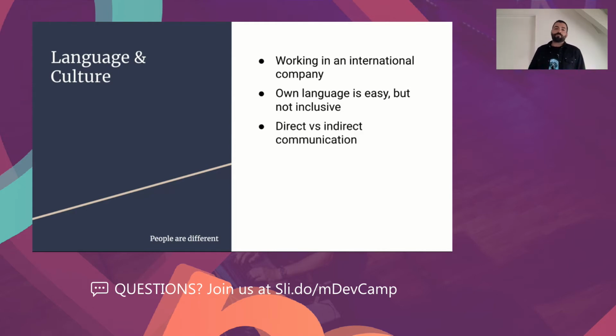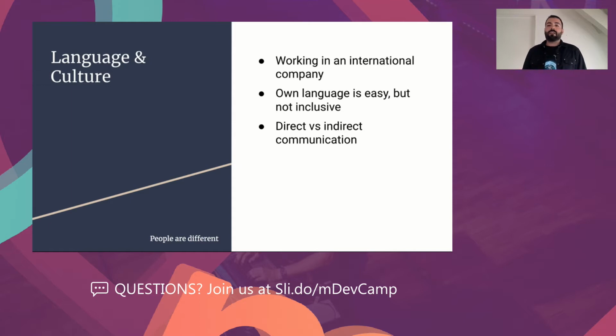Okay, besides this, your own language versus a common language, there is also the way of communicating, right? Which mostly comes from the culture. One of the biggest differences between cultures and languages is that some of them are very direct and some of them are indirect, right? The important part is the intention, regardless of how you state that intention, right?